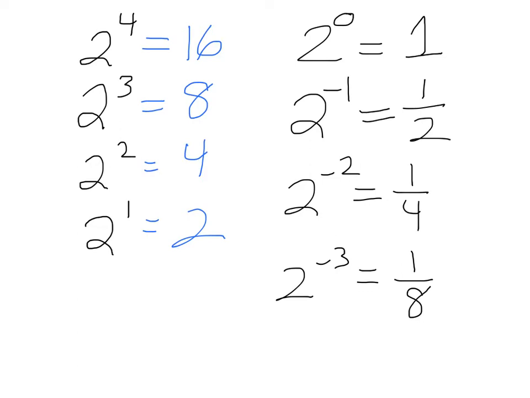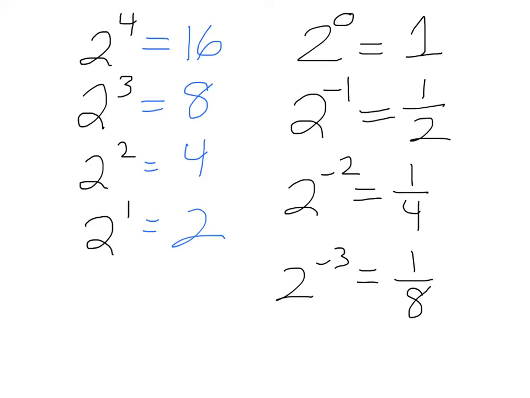Every time the exponent decreased by 1, the answer was divided by 2. So 2 divided by 2 gave me the 1 for 2 to the 0. 1 divided by 2 is 1/2. 1/2 divided by 2 is 1/4, and 1/4 divided by 2 is 1/8.